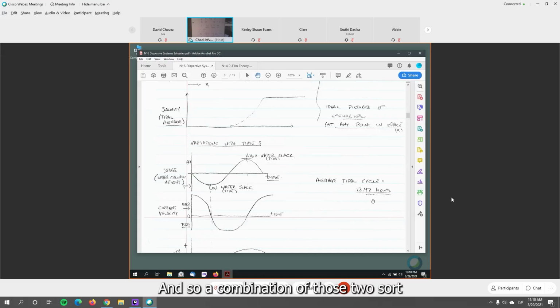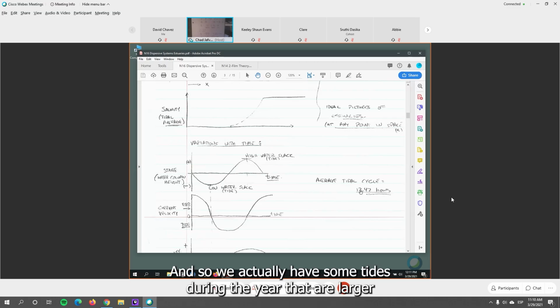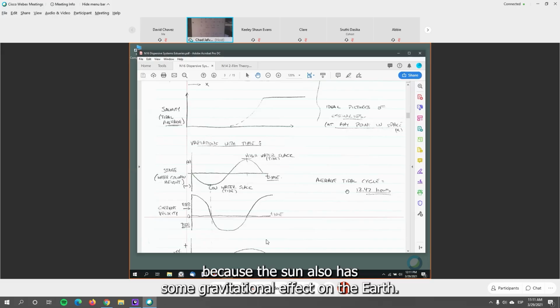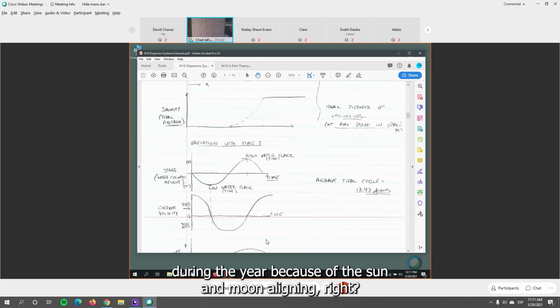And so a combination of those two spinning cycles creates these tides. And so we actually have some tides during the year that are larger because of the moon and the sun aligning, because the sun also has some gravitational effect on the Earth. So you do have a maximum tide during the year because of the sun and moon aligning, right?